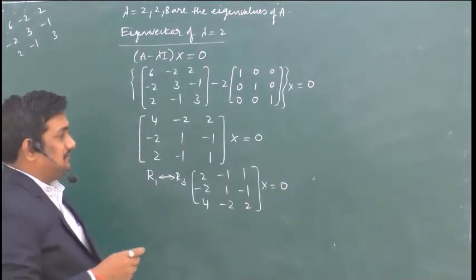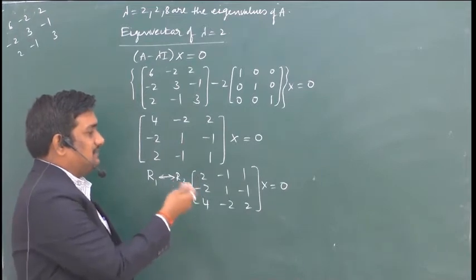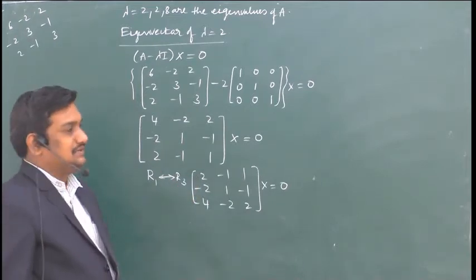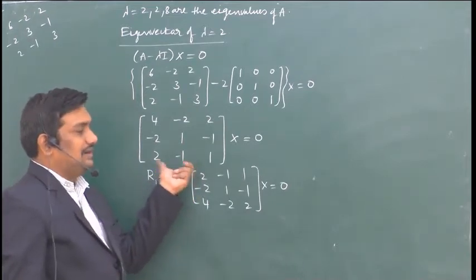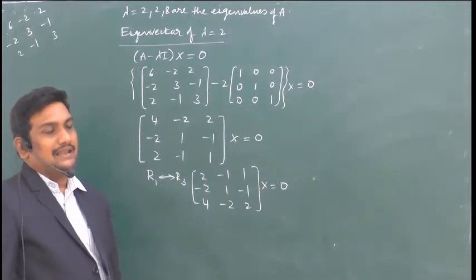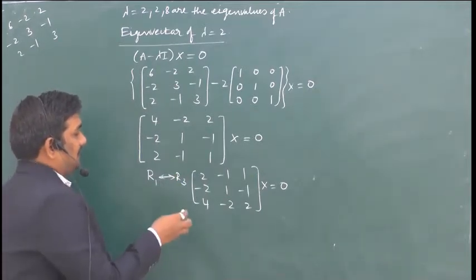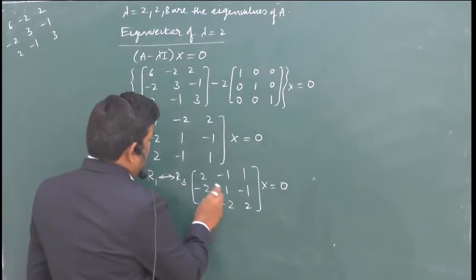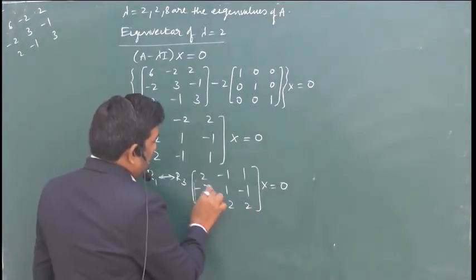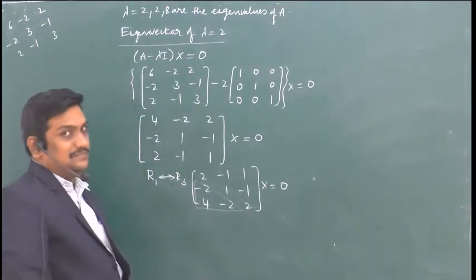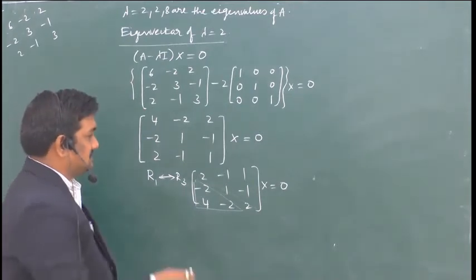I am doing the first way, so you need to reduce the given coefficient matrix into echelon form. In echelon form you need to make the elements below the diagonal zeros.